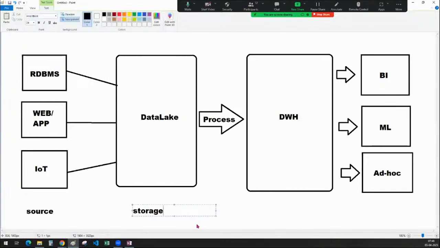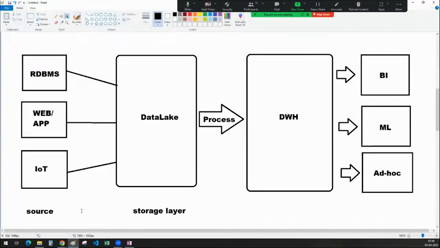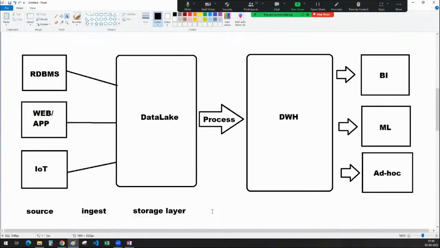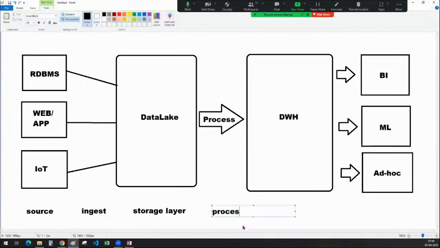People call it a storage layer. Okay, and here we are going to do ingestion, right? Ingestion or collecting the data, and then we do the processing. In a data warehouse, we are trying to analyze the data, transform or analyze, right? Transform, finally analyze.